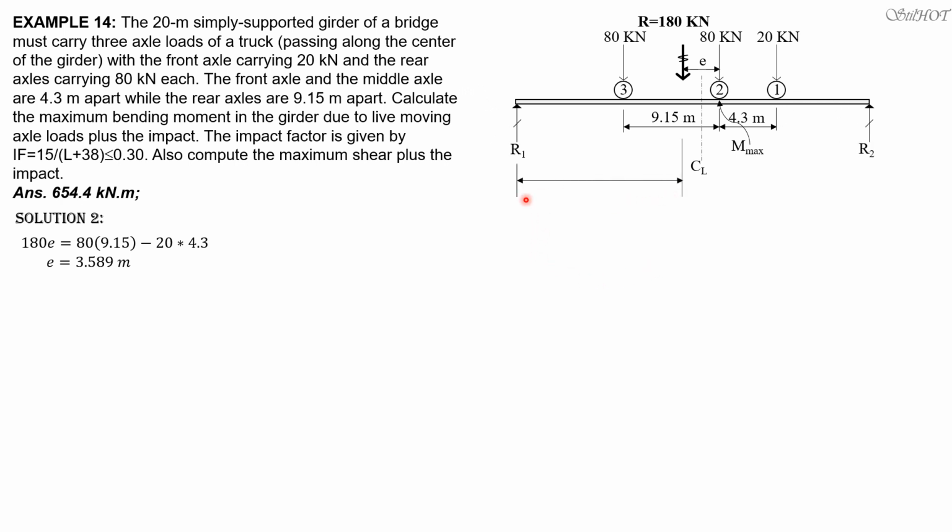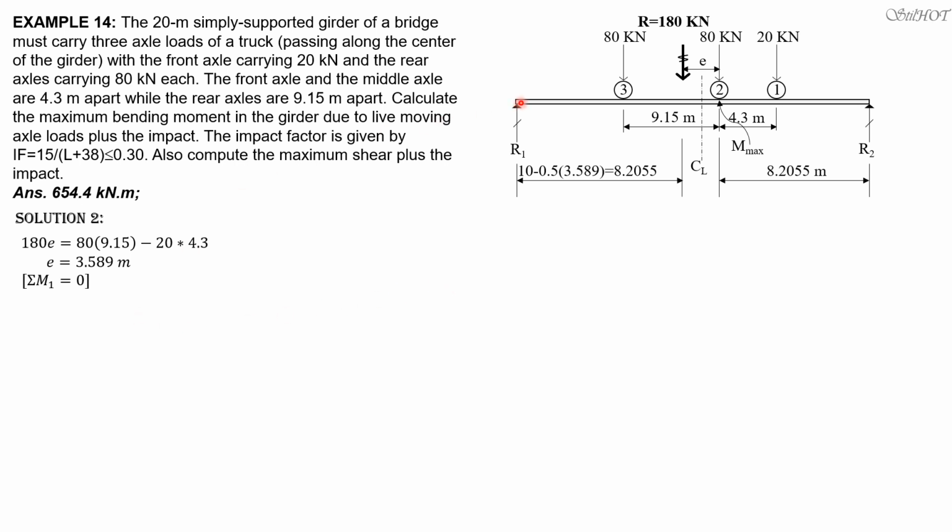So this distance is half of 20 minus E, over 2. So 10 minus 0.5 of E, which is 3.589, so 8.2055 meters, which is the same distance of load 2 from the right. So that's also 8.2055.